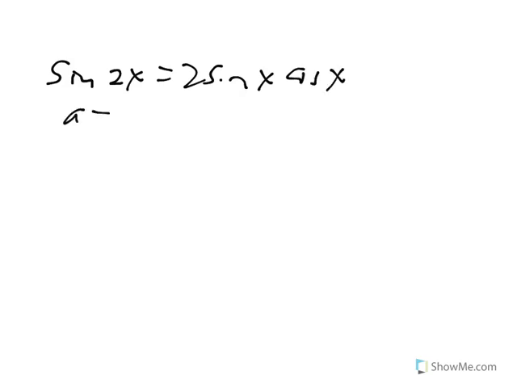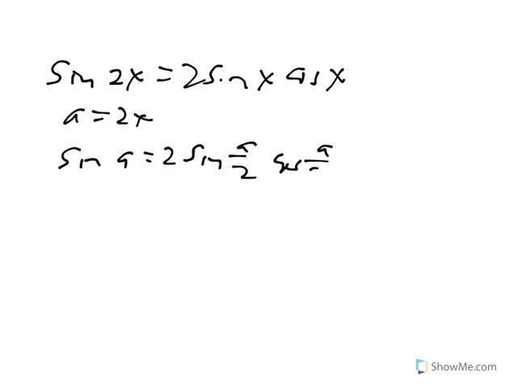Now, if you try the same trick for sine, a equals 2x, sine a equals 2 sine a over 2, cosine a over 2. It's not so easy now. I can't just isolate this because I'll end up with this cosine a over 2 involved.